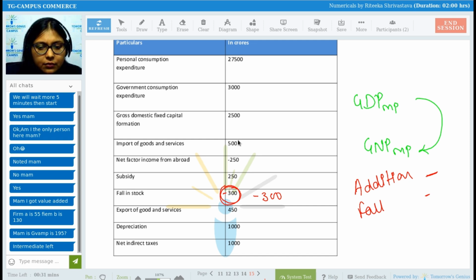Again, net export is equal to export minus import; net import is import minus export.